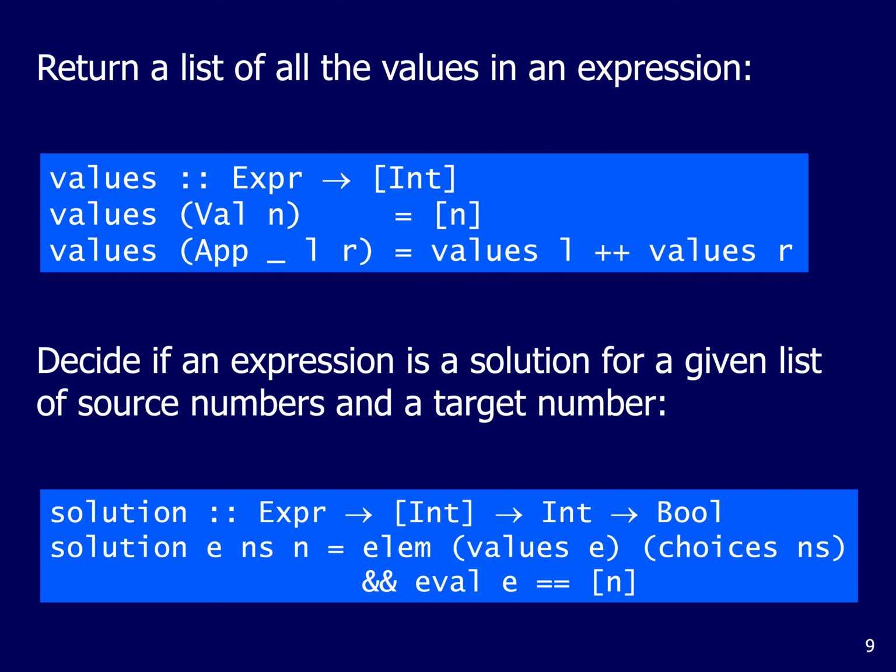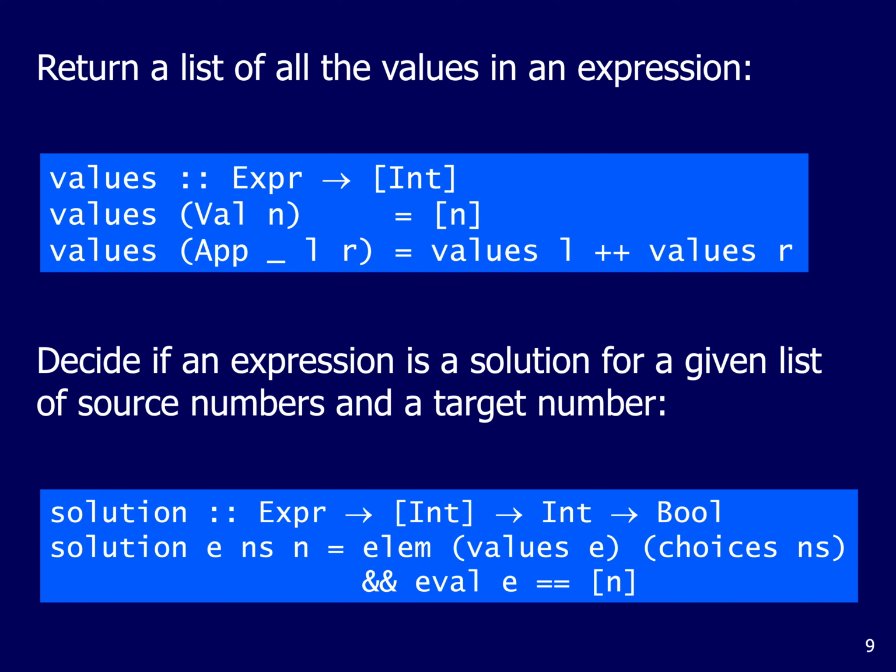So putting all this together, the first line here, elem values of e of choices of n's, is simply saying, are the values selected from all possible choices from the input numbers or the source numbers. The second part of the definition is simply saying if we evaluate the expression e, then we're going to get a successful evaluation.